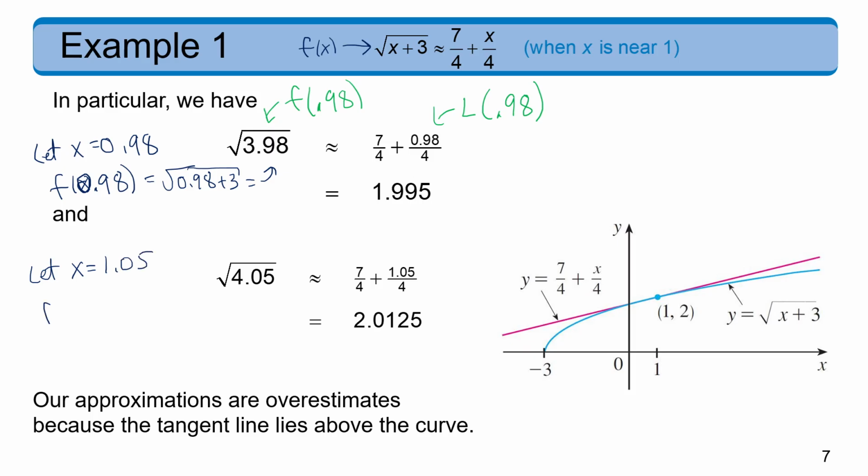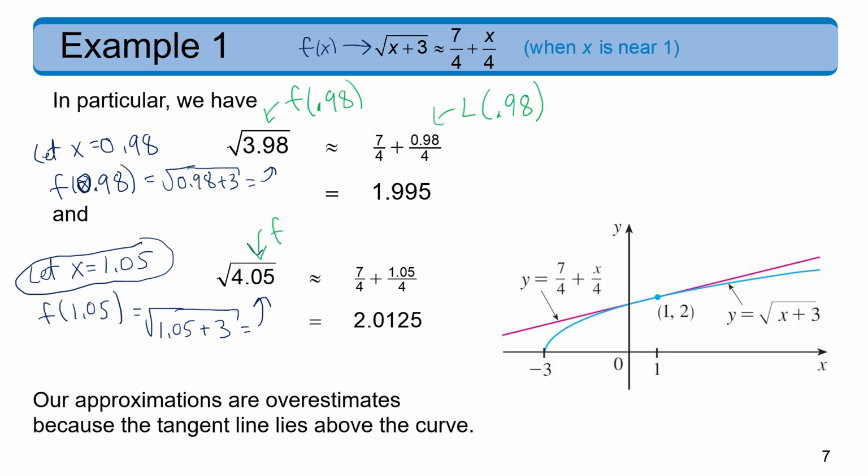And notice that f of 1.05, just using the formula for f, is the square root of 1.05 plus 3, which simplifies exactly to what we're looking for, the square root of 4.05. So this is the x value we're plugging in. This expression here could be represented as f evaluated at 1.05.